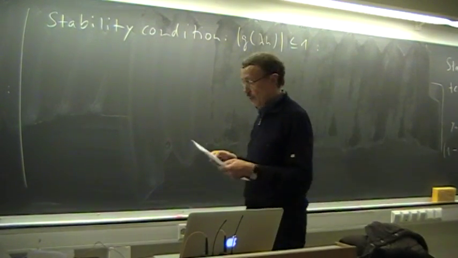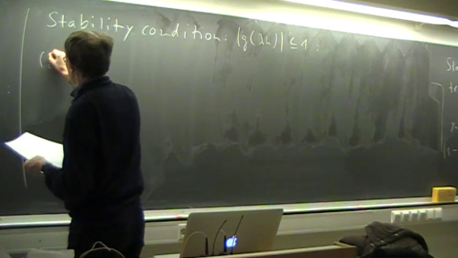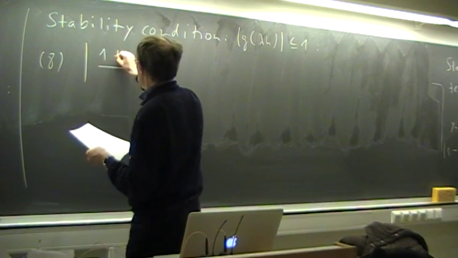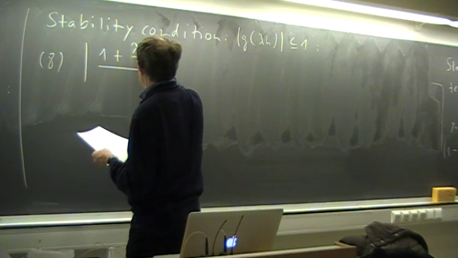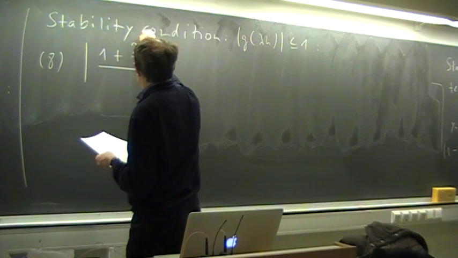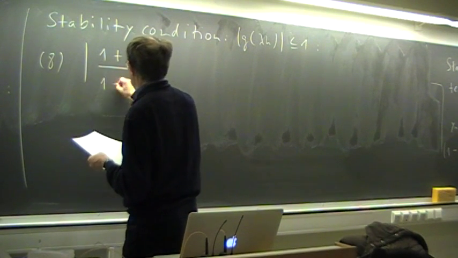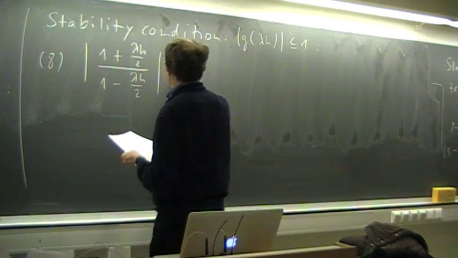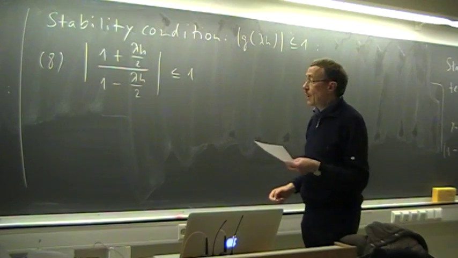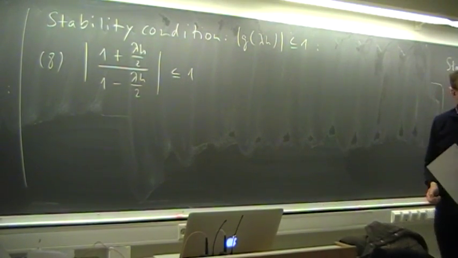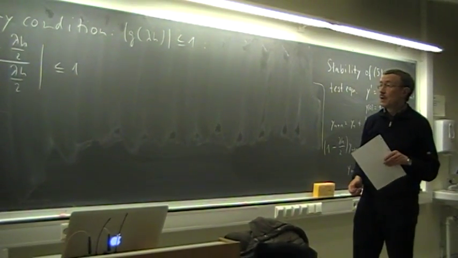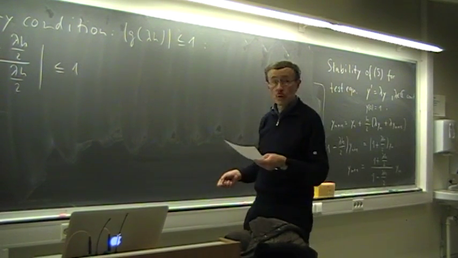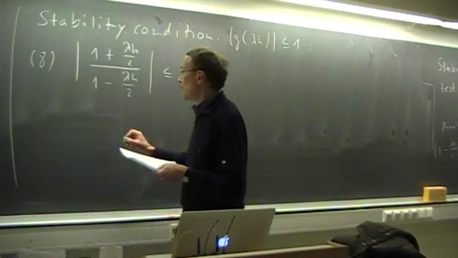And that means that for us here, for the trapezoidal method, that the absolute value of the ratio of 1 plus lambda h half divided by 1 minus lambda h half has to be smaller or equal than 1. And that we can also express again using stability domain, and that will be the stability domain then of the trapezoidal method.